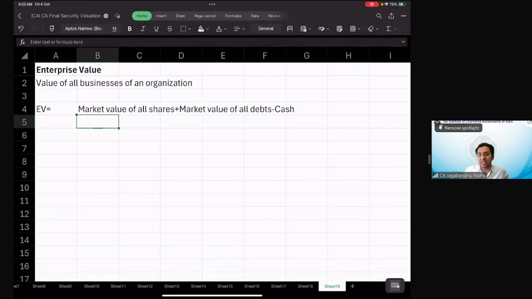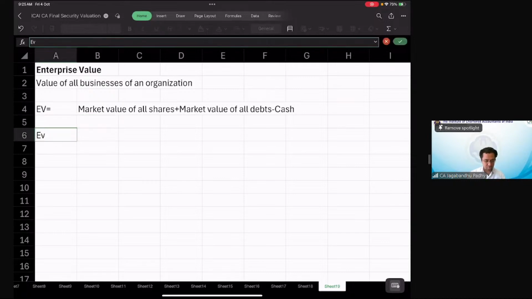Even if the business is the same, can I compare the enterprise value of TCS with the enterprise value of Infosys? No, we cannot compare because the enterprise value depends on certain parameters. And therefore, we are essentially looking for some multiples.